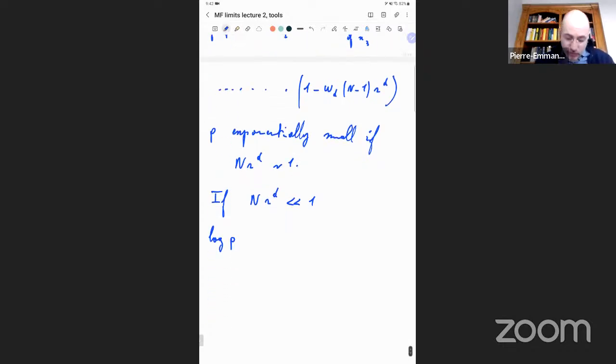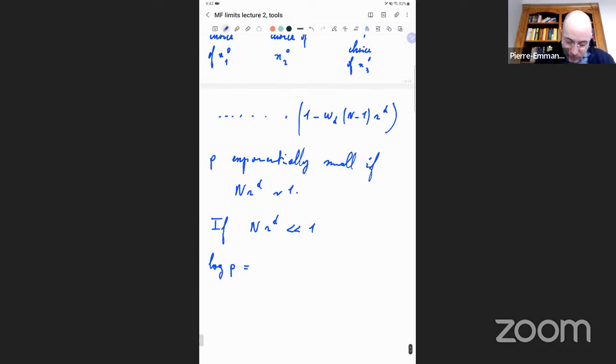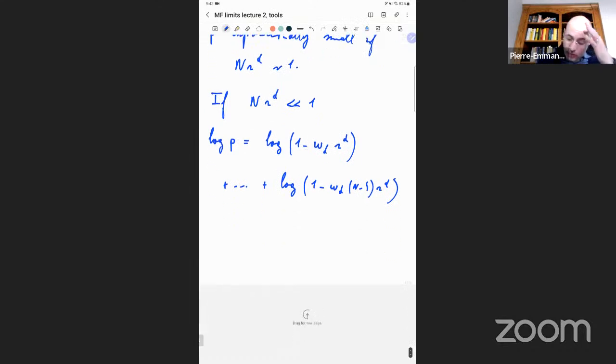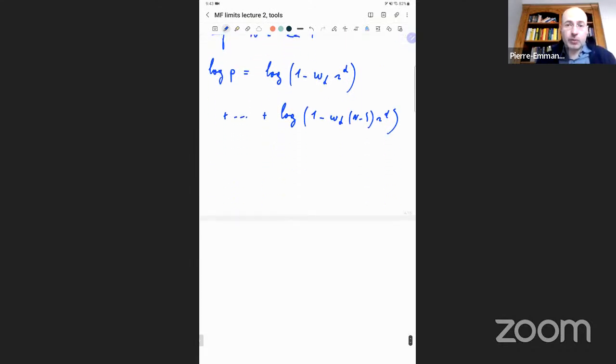So log of p is going to be log of 1 minus omega d rd, etc., plus the further terms. And if all those numbers are small, I can do a Taylor expansion in the log.